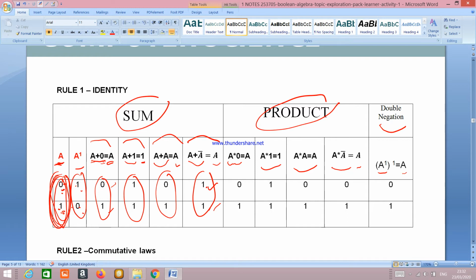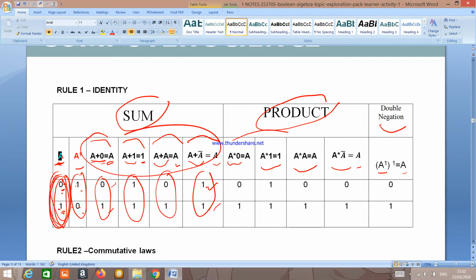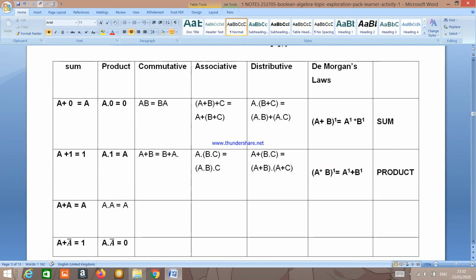Now these sum and product identities, we have summarized in this table. This is the product, and this is the sum. So A plus 0 is A, A plus 1 is 1, A plus A is A, and A plus A dash is 1.